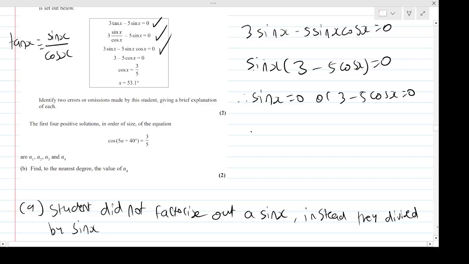And so they miss out solutions from this equation here.